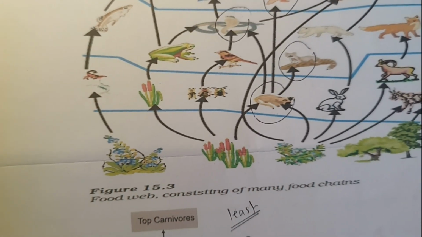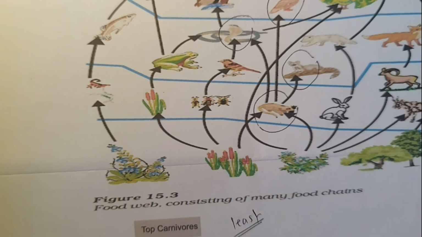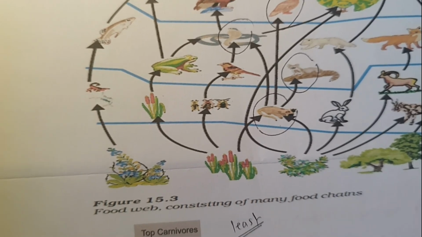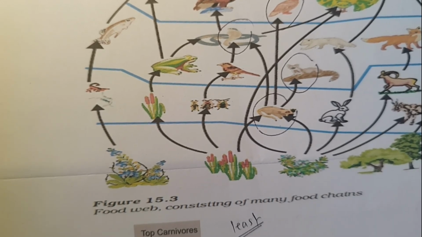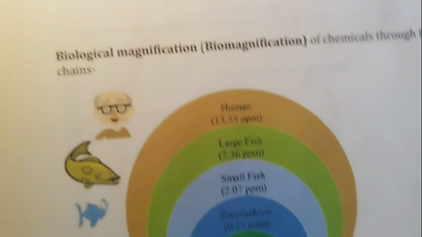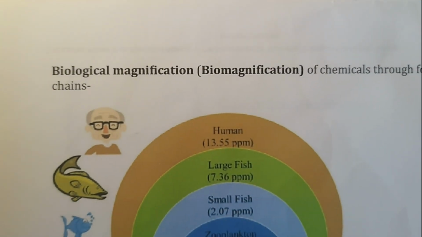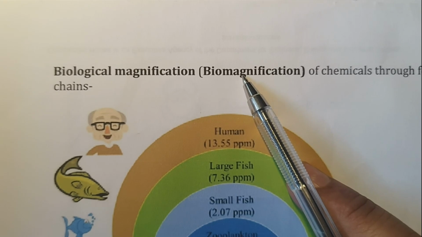As the human being occupies the top level in the food chain, the maximum concentration of these chemicals is observed in our bodies, and this is called biomagnification, the process of biological magnification.